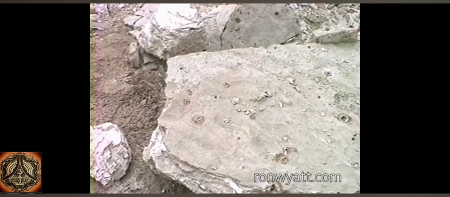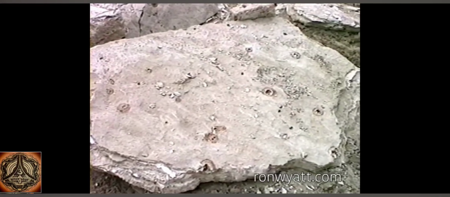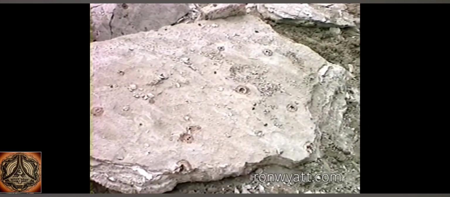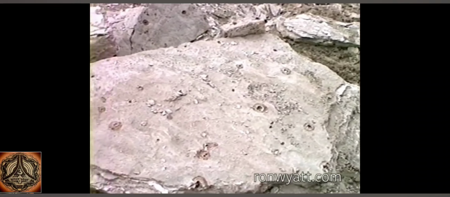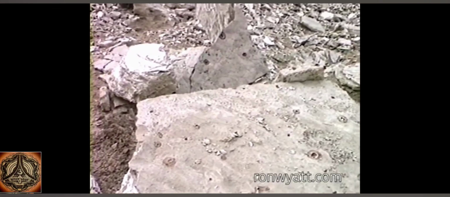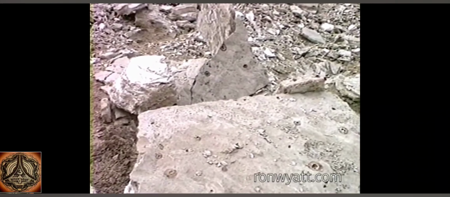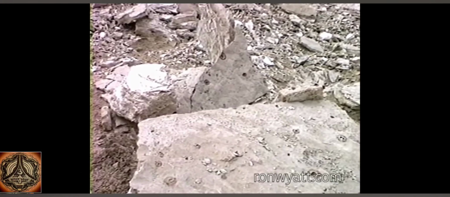Okay, we're down at Sodom and Gomorrah still. Right in front of you are some unusual looking spots on this. Shows a layer of ash. It's not stone, it's ash. Now we'll move in for a close-up of this.